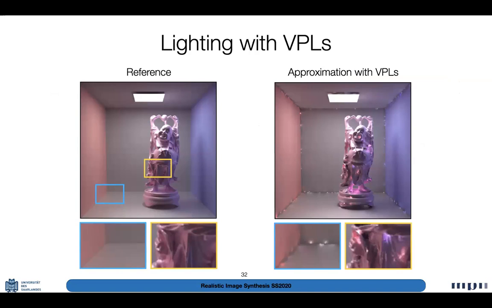Can anybody guess why that could be happening here? Why is it affecting these corners and these places at the boundaries? Not even exactly the boundaries, it's when surfaces are close to each other.